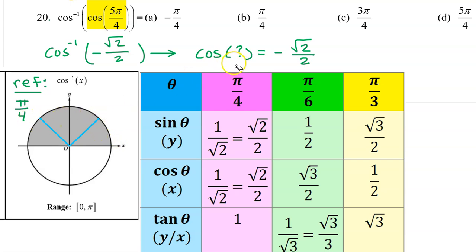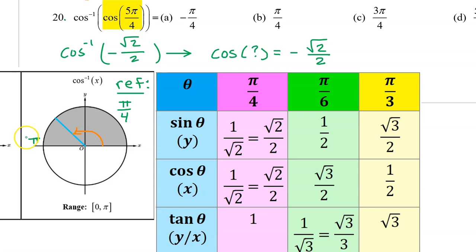In this case, we want cosine to equal negative radical 2 over 2. So we choose the angle in the second quadrant where the cosine is negative. We can think of pi as 4 pi over 4. So this angle in the second quadrant is 3 pi over 4. So the answer is C.